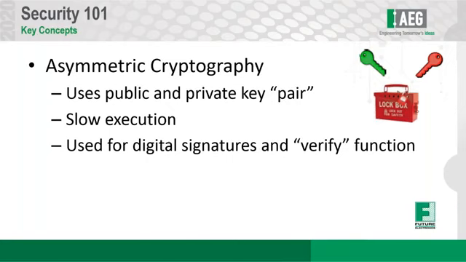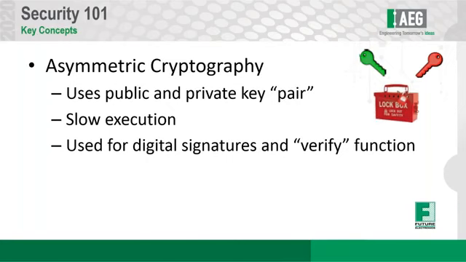Asymmetric cryptography is another tool in your security toolbox. With asymmetric crypto, 2 mathematically related keys are used. You have a public key and the private key. The public key can be shared publicly, but the private key must always be kept secure.